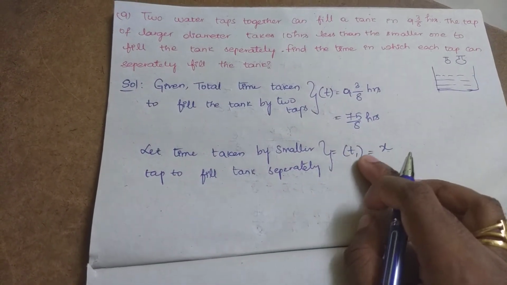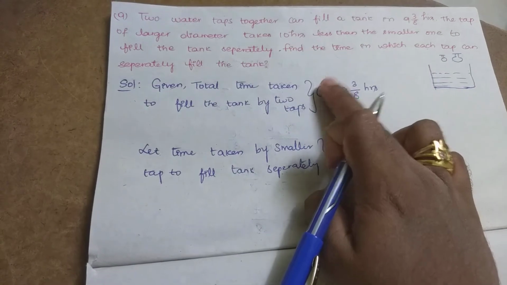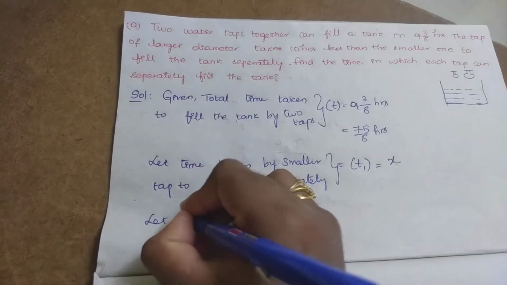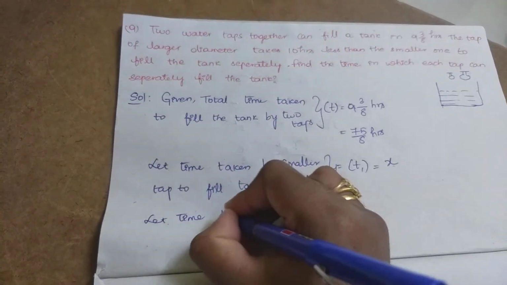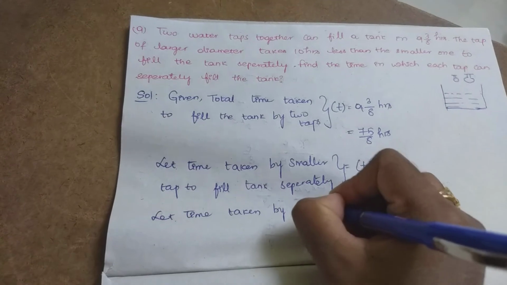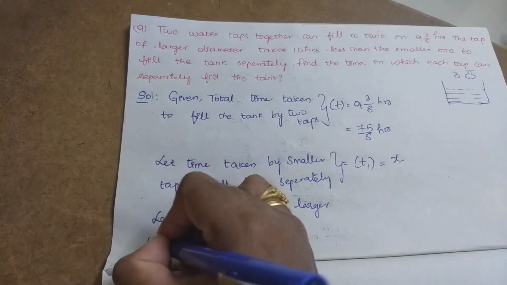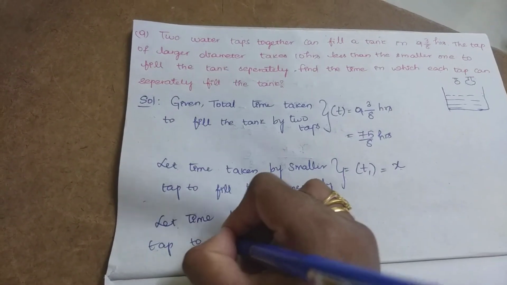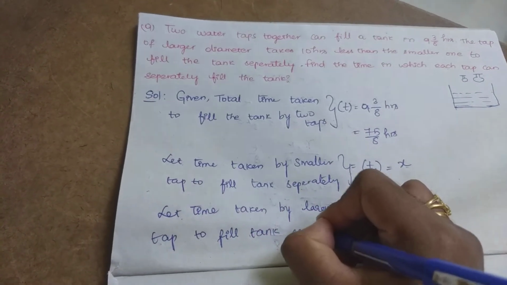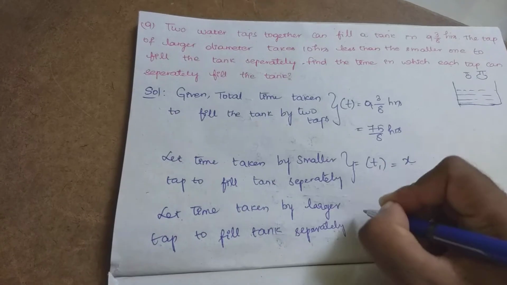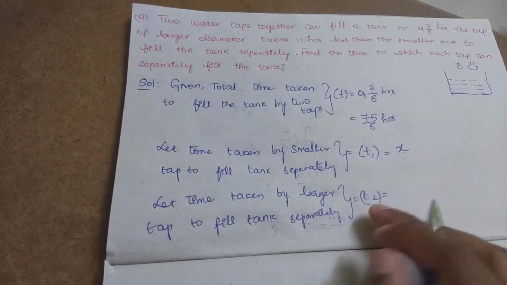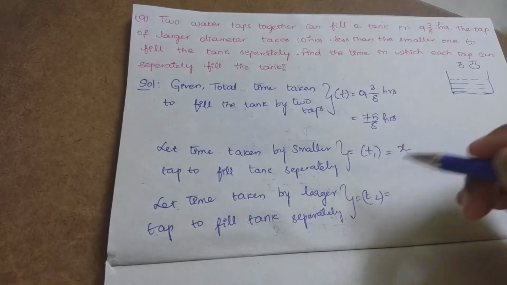For the formula basis, I am considering this as T1 and the next one as T2. Let the time taken by the larger tap to fill the tank separately be T2. This is T1 and this is T2.